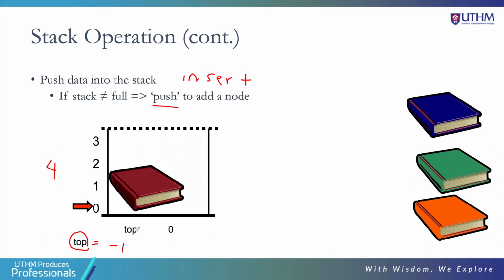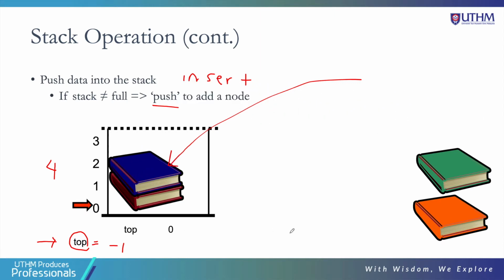So if the stack is empty, it will point to -1, which means below 0. So whenever a new book is inserted, the pointer will be moved up to the next index, which is 0, indicating that the stack already has one element.